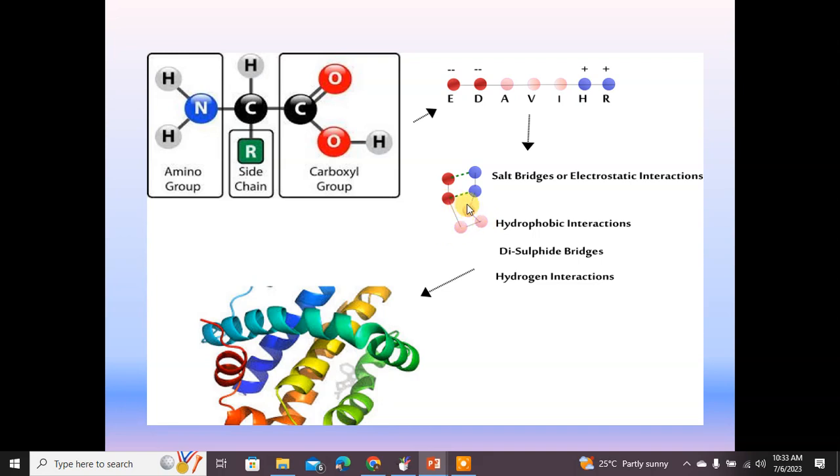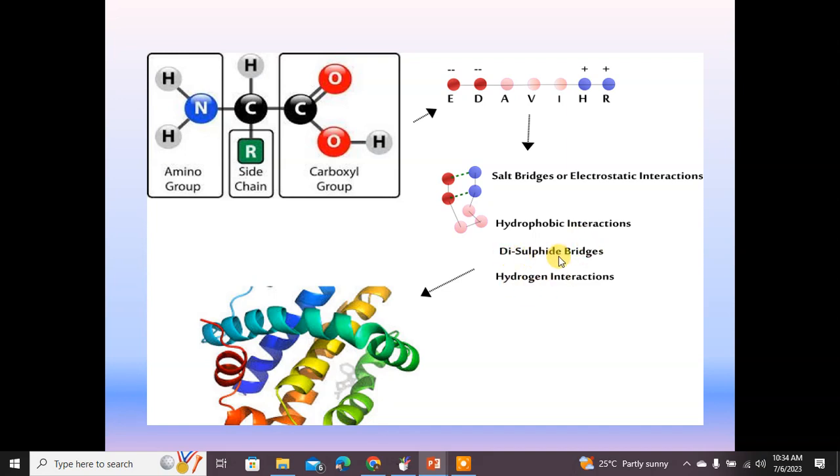The hydrophobic will group together, the opposite charges will come together, and the same charges will tend to stay away from each other. This way a unique folding will form.